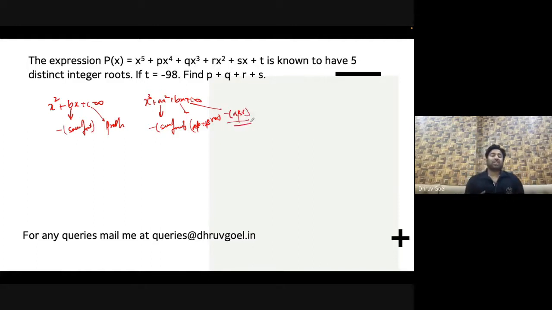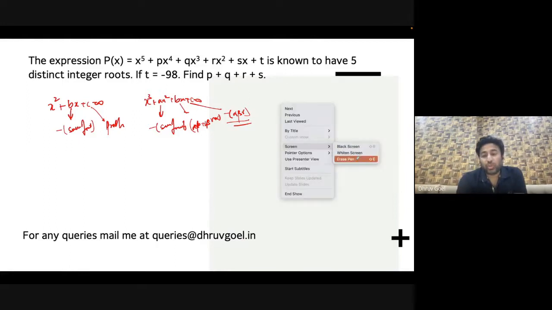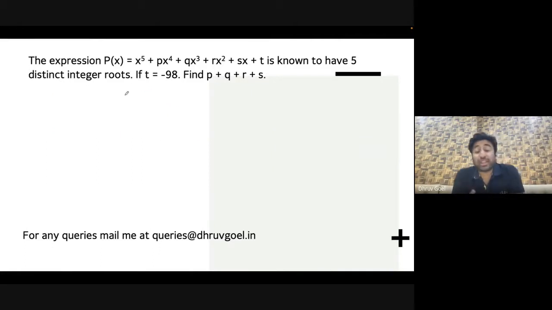So here what we have seen is your expression always starts from minus, then plus, then minus, then plus, then minus. Correct? Now, if I talk about the given equation, you have x to the power 5 plus px to the power 4, qx cube, rx square, sx plus t, correct? And p is nothing but minus of sum of all the five roots.